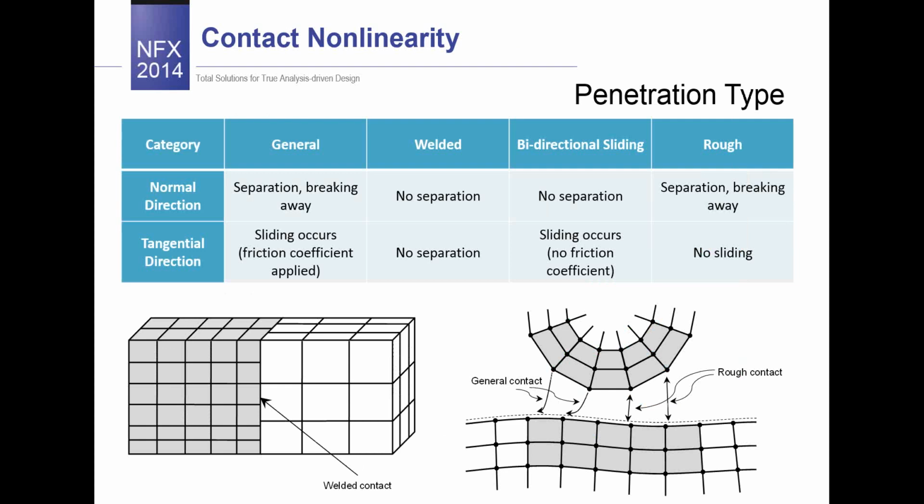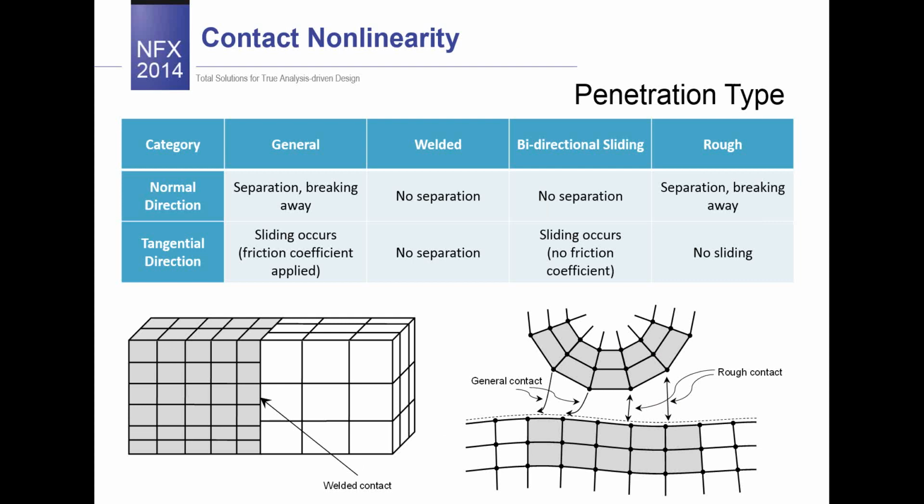Another important terminology related to the contact nonlinearity describes the penetration level between the surfaces in contact. Generally speaking, we differentiate four categories for the behavior of contact type in two directions for the contacting surfaces, in the normal direction and in the tangent direction.